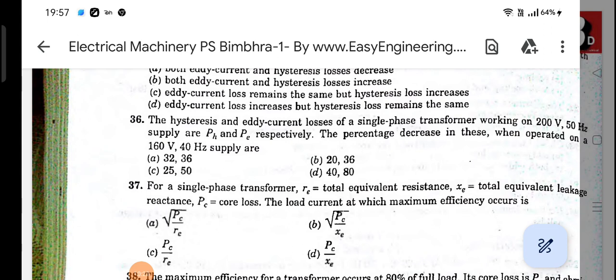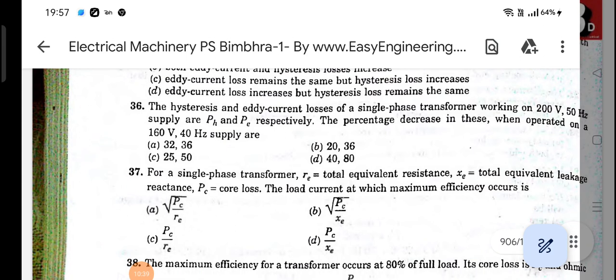The direct formula is under root of iron losses divided by copper losses. From that equation, the answer will be under root PC divided by Re. The first one is correct.